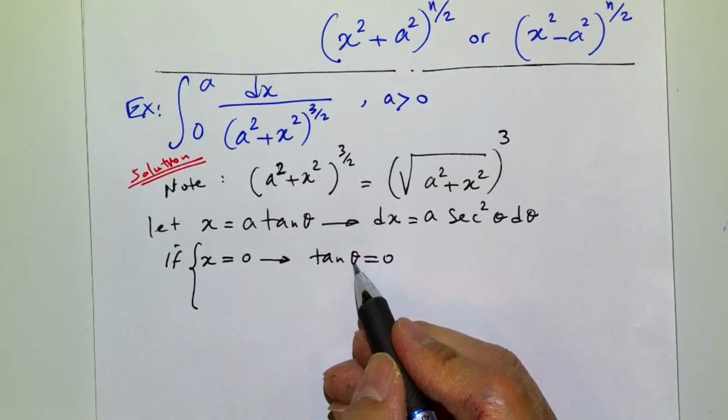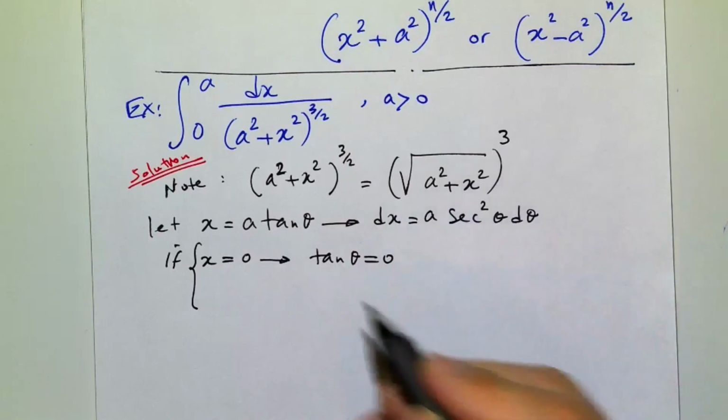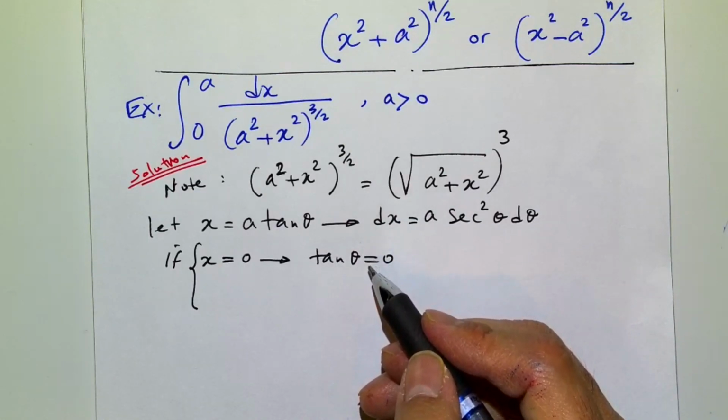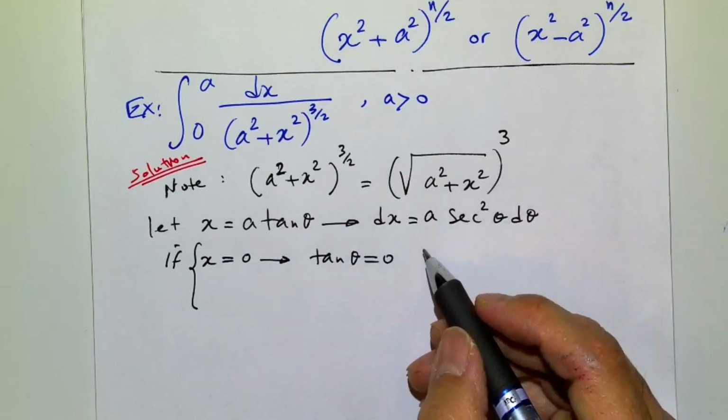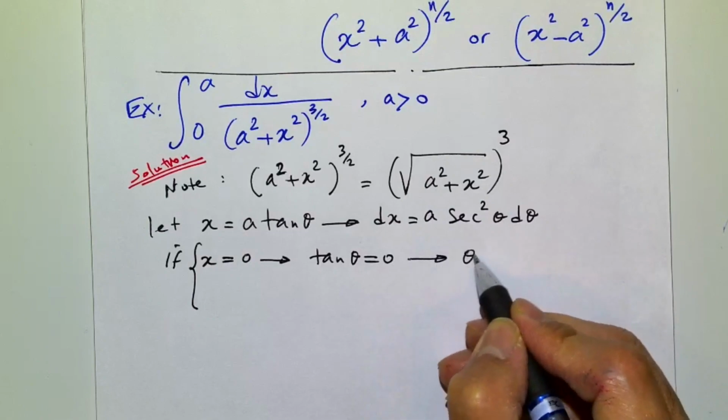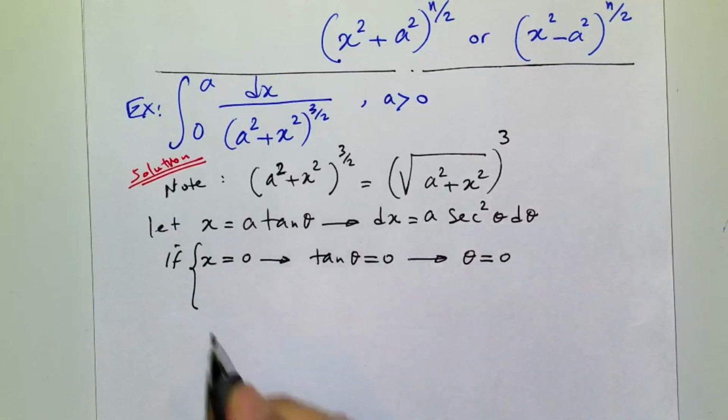But when is tangent of theta equals 0? When sine of theta is equal to 0, because tangent theta is equal to sine theta divided by cosine theta. And we know that that happens when theta equals 0.